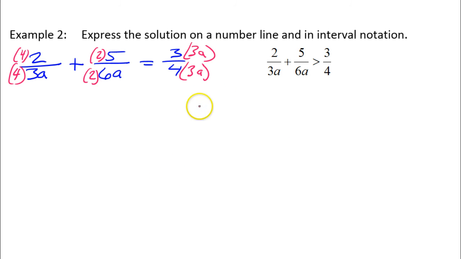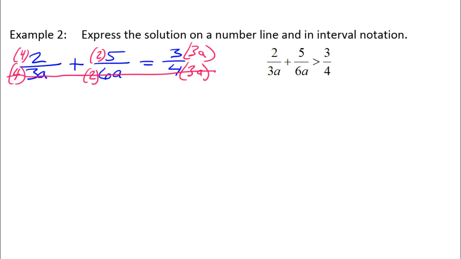If you pick something else that made all the denominators the same, it should work, but it'll probably be bigger numbers or more complicated. Okay, so these denominators are all the same right now, so I can cancel these denominators out.